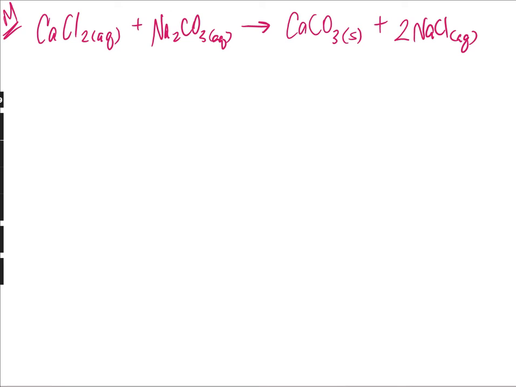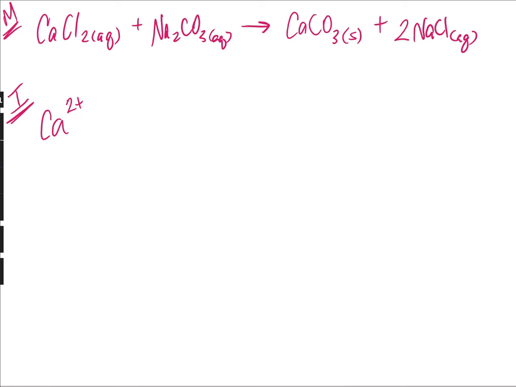From there, we can determine our ionic equation. Because remember, when we have ionic compounds that are aqueous, they're going to actually exist as an ion. So even though we may add calcium chloride, once we dissolve it in water, it breaks apart to give us those individual ions. So we end up with the calcium ion.